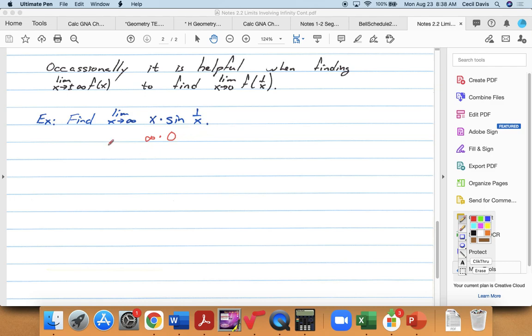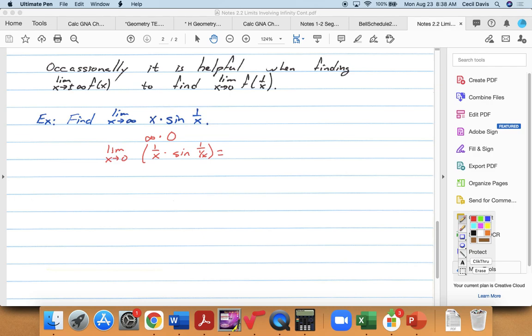Well, what I can do is rewrite this as the limit as x goes to 0 of, replace all the x's with 1 over x's. So this would be 1 over x times sine of 1 over x. What is 1 over x?